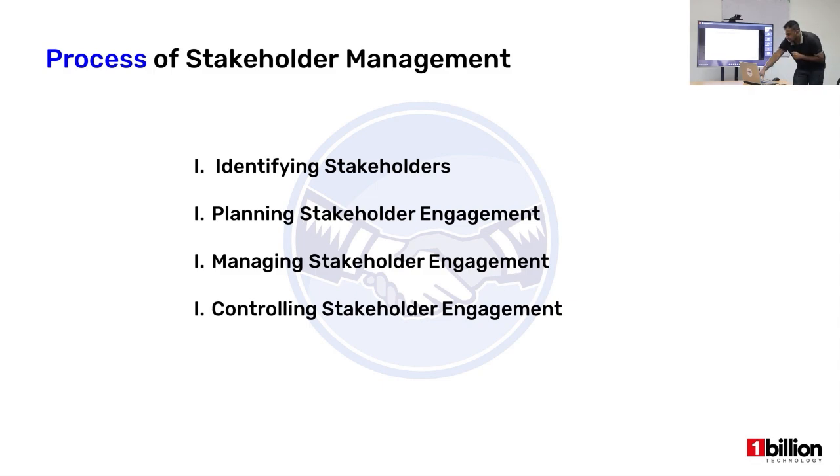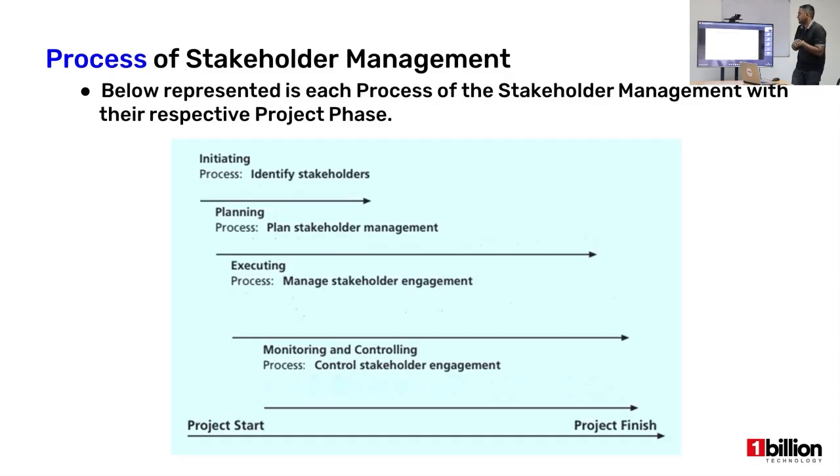To give you a better view of this, I've prepared this slide. So here you can see each of the processes of stakeholder management with their respective project phase. As you might already know, there are five phases in projects. They're usually the initiation phase, the planning phase, execution phase, monitoring and controlling phase, and the closing phase.